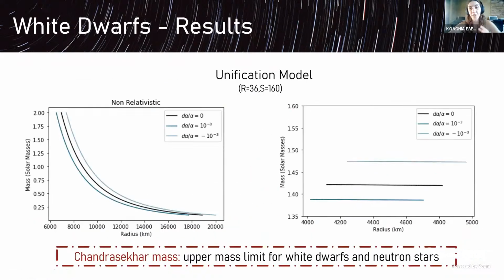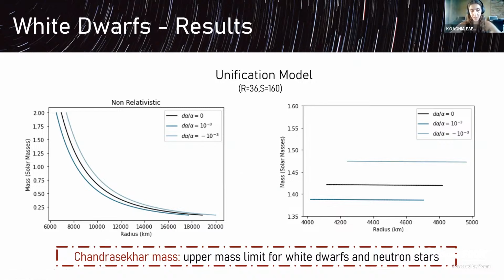Okay, so now moving on to some results. You can see here I have the mass radius relation for the non-relativistic and the relativistic cases. One important thing to know is that in the relativistic case, this is a straight line, and this is called the Chandrasekhar mass limit.